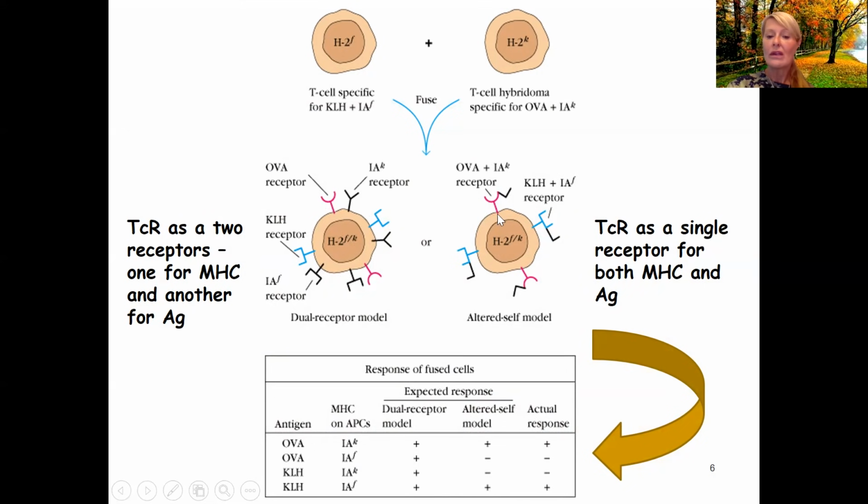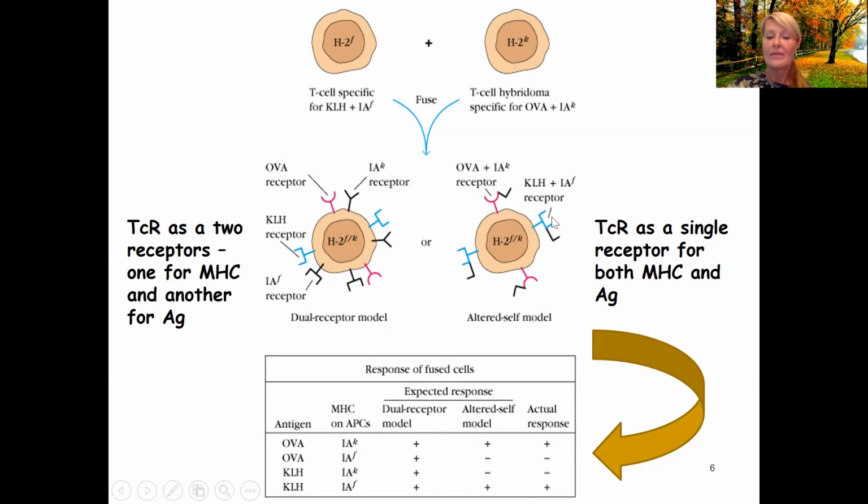Instead, you really only have two kinds of receptors. You'll have a combined receptor that recognizes OVA plus IA of K, and you'll have another receptor, which came from this cell, that recognizes KLH plus IA of F. This is called the altered self model.